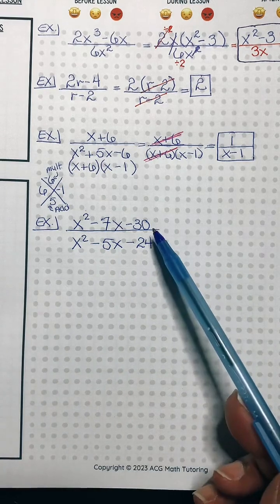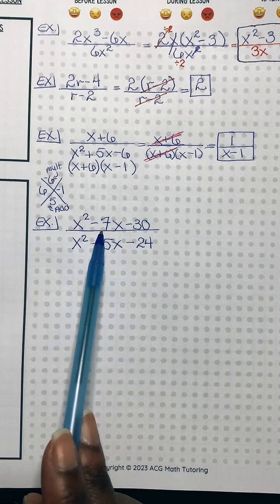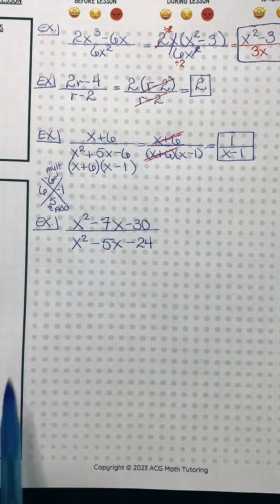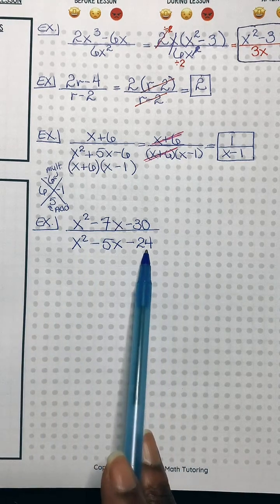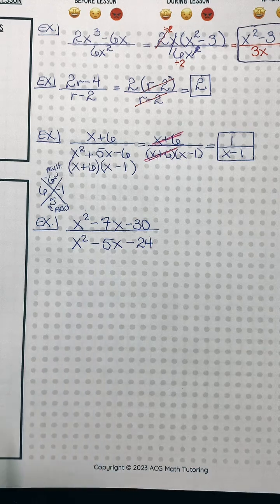So what two numbers multiplied together will give you -30 and add to give you -7? What two numbers multiplied together will give you -24 and add to give you -5? Okay. Hold your answers, guys. Hold them.